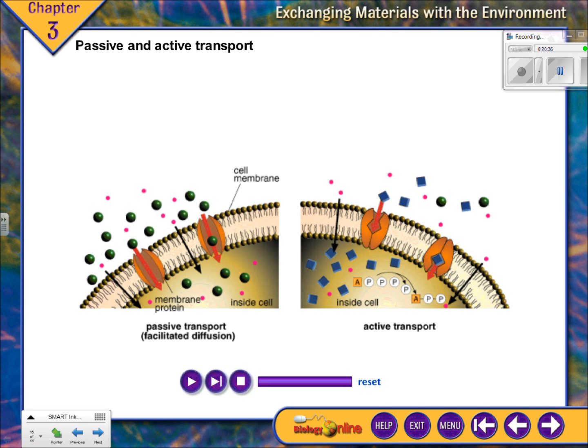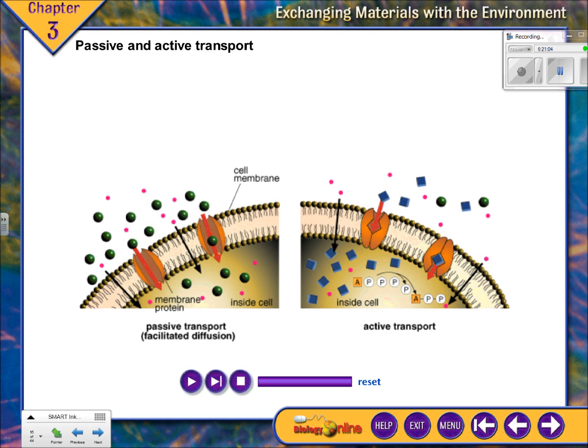Okay, so this is important. This will definitely be a test question. So these ones right here, passive, you can see is moving with the concentration gradient, higher to lower. This one over here is going against the concentration gradient because it's pumping these molecules in. Again, we have these transport proteins. They've done a pretty good job drawing them because they actually work kind of like an enzyme.